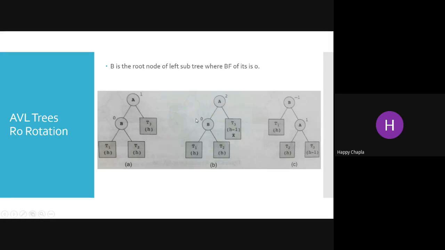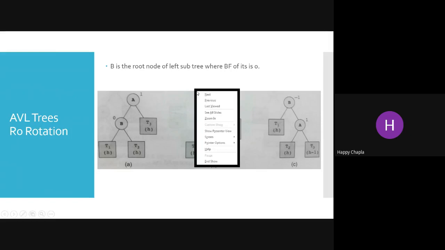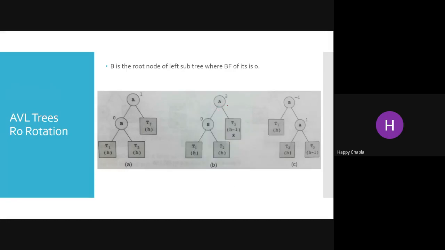It means your balance factor is 0 and you need to rotate your tree towards the left. If I'm moving the tree from this side to this side, that is our R0 rotation.